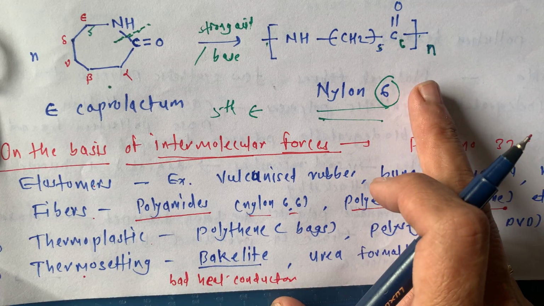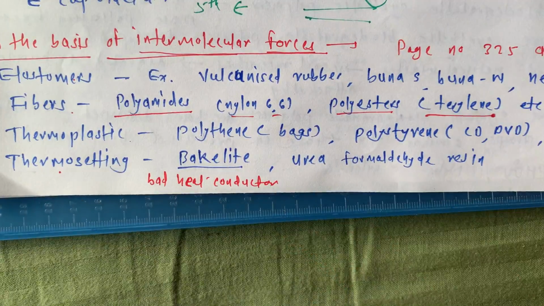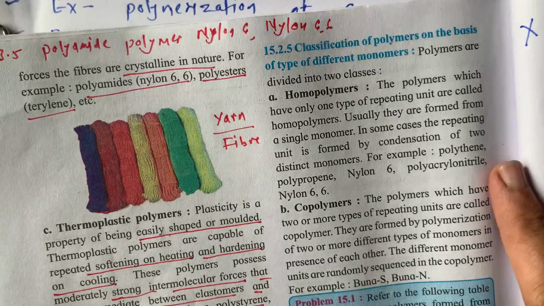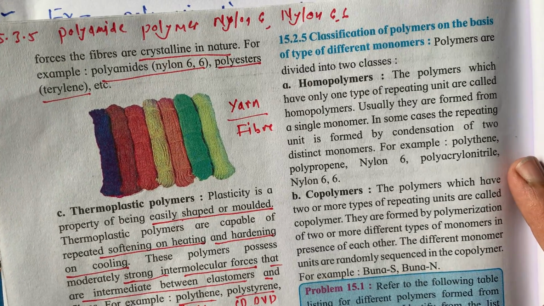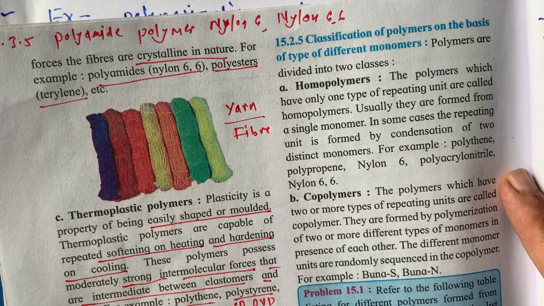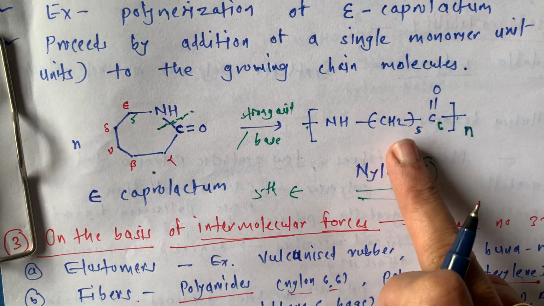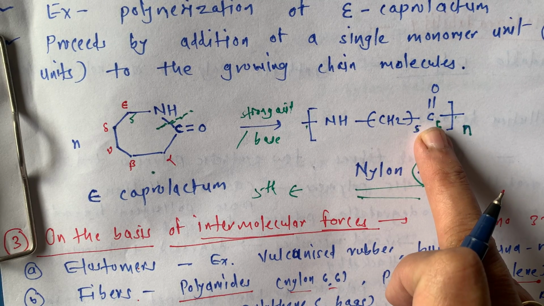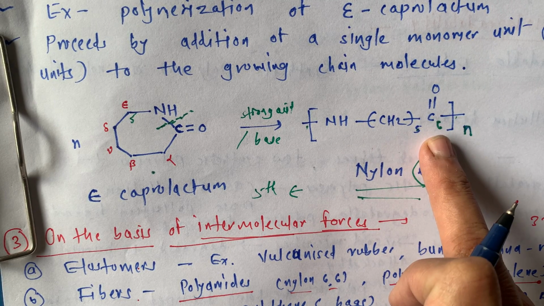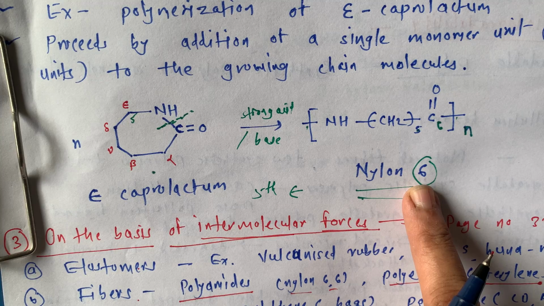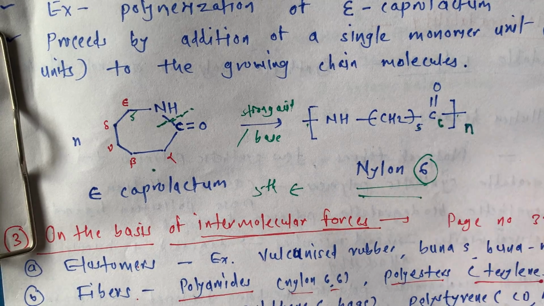Similarly, we are going to study nylon 66, where two different monomers attach to each other, and that's why we count it as 6 and 6. Here it is 6, means this 5 and one more, so the total is 6. That's why we represent this as nylon 6.